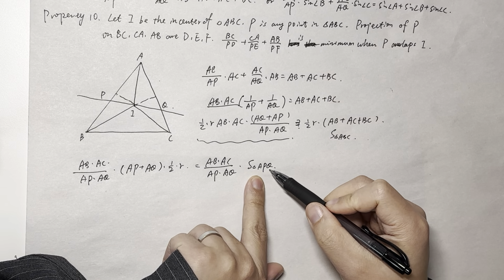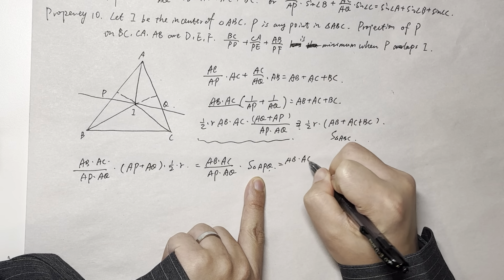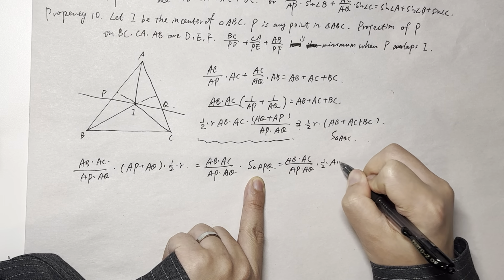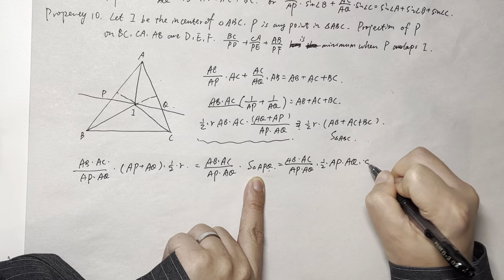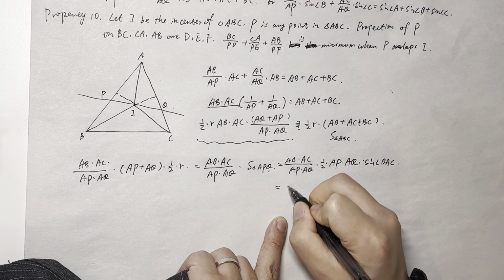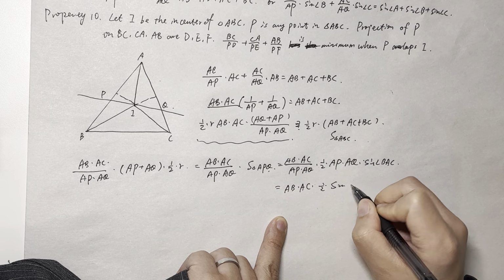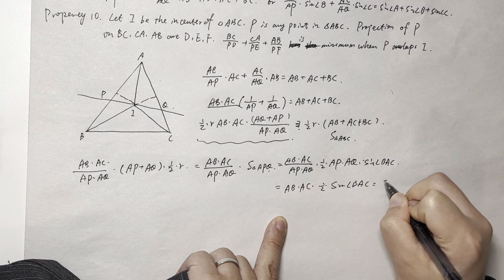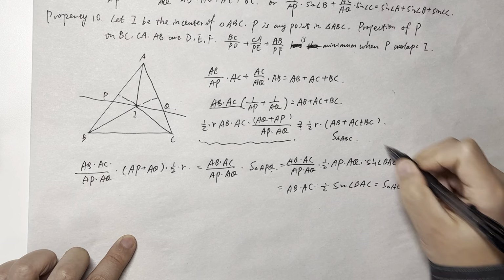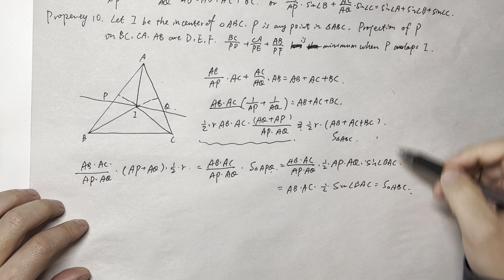And we know the area of triangle APQ can be written as half of AP times AQ times the sine of angle BAC, right? So it equals AB times AC times half of sine angle BAC, which is the area of triangle ABC. So these two are equal. Okay, so this is valid.